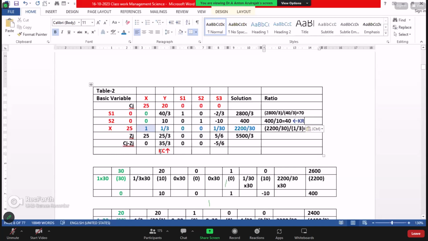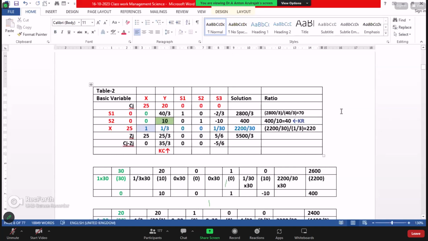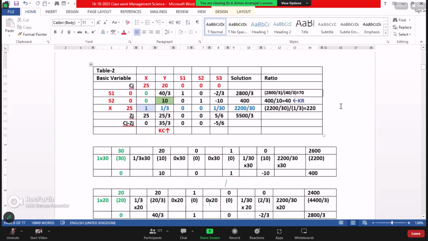Right, now the key row is identified and the key column is identified. Based on that, what do we have to do? Key value. What is the key value? Key value is 10.